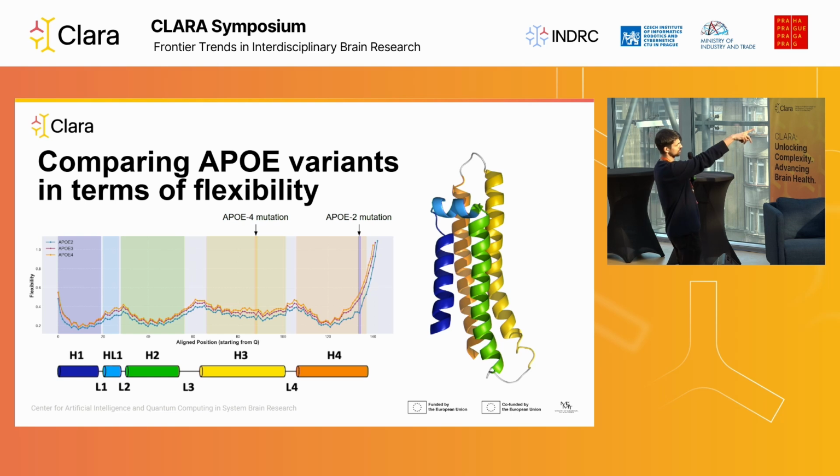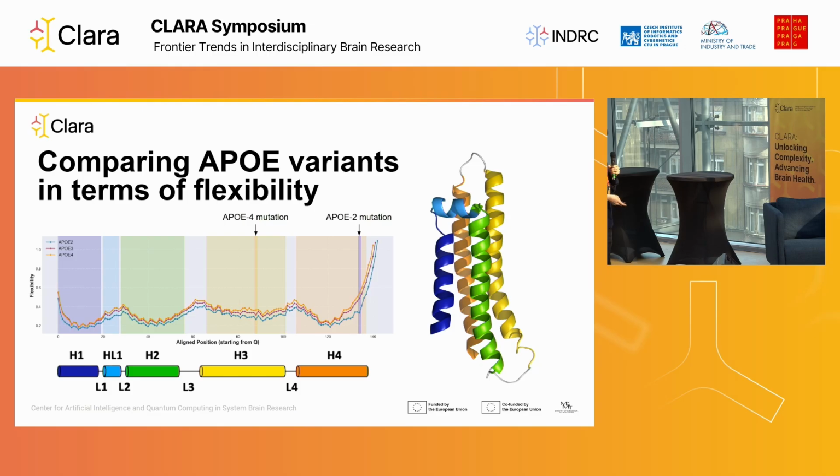Similarly, at the location of the ApoE2 mutation, we can see an even bigger effect: the ApoE2 mutation is decreasing the flexibility as opposed to the case of ApoE3 and ApoE4.